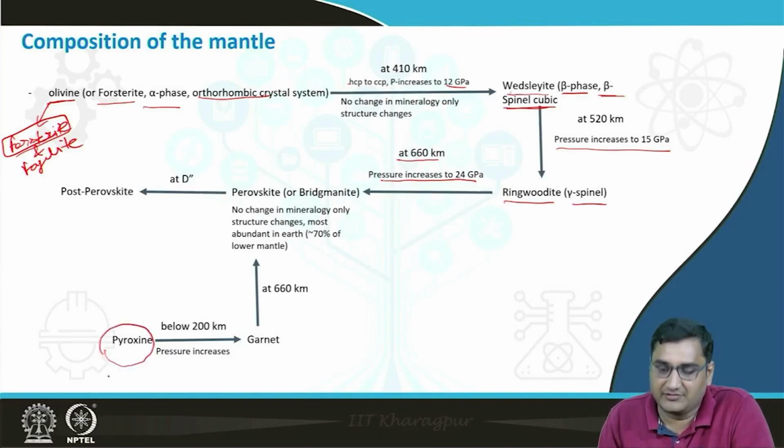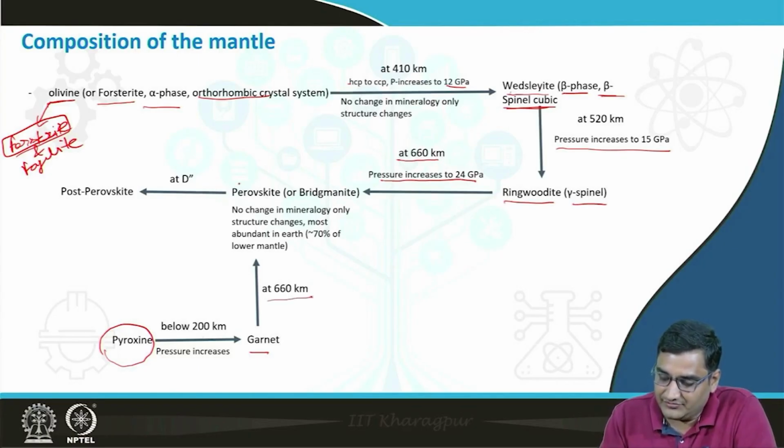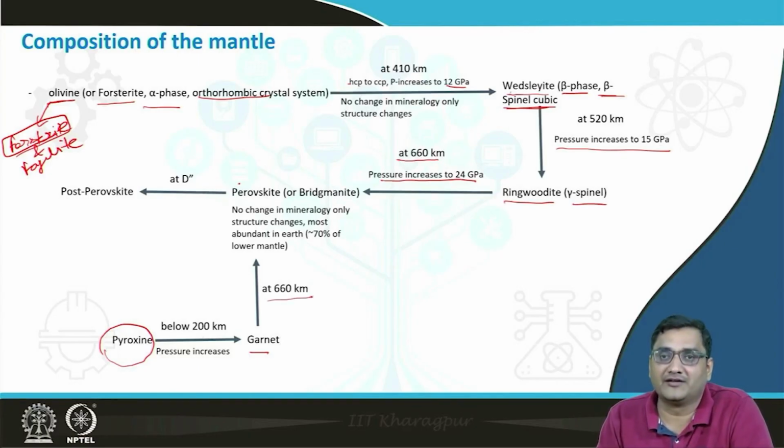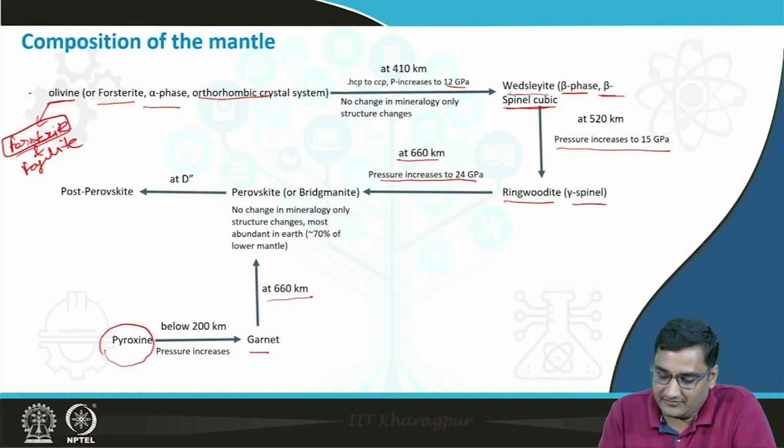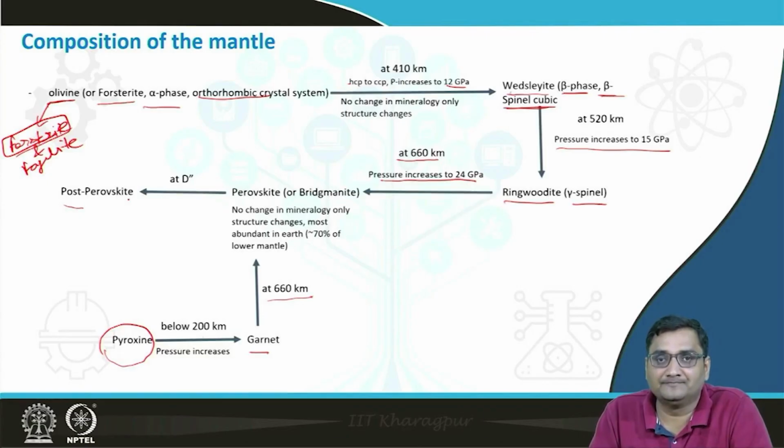Pyroxene is also present, and that pyroxene below 200 kilometer, because of the increase in the pressure, changes to garnet, and then at 660 kilometer it changes to perovskite or the bridgmanite, and then this perovskite will change to post perovskite at the D double prime layer.